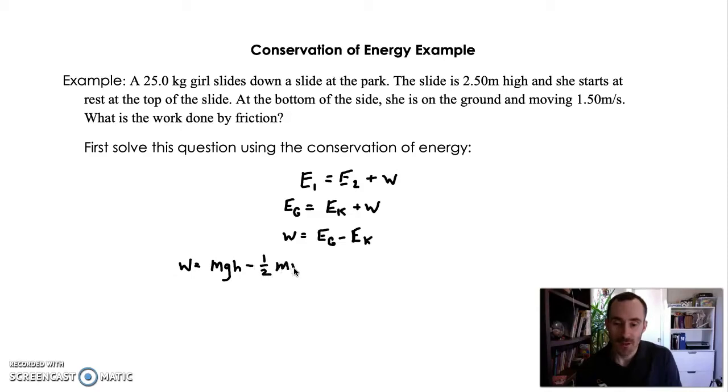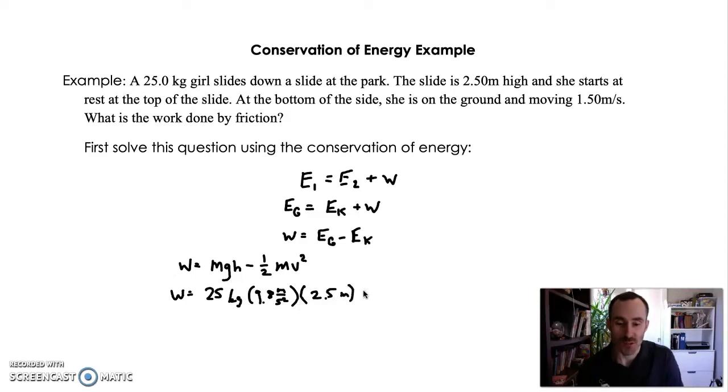half mv squared. So our work is going to be 25 kilograms times 9.8 meters per second squared times 2.5 meters.